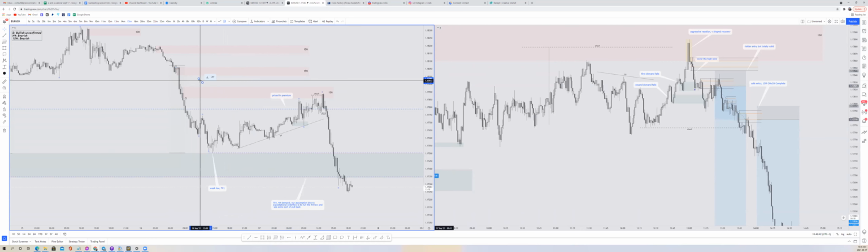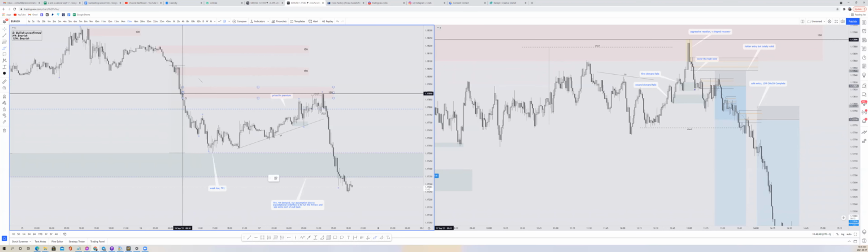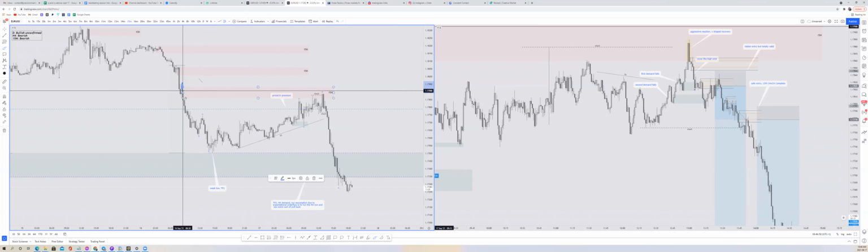Now, say the situation was a little different, and we get something like this, where this wick came above and took all this inducement. Well, now I'd be like, there's barely anything there. Liquidity's been swept. Whereas in this case, it's still intact, right? You've got to look at these wicks. If this wick came up and took that, the inducement's gone.